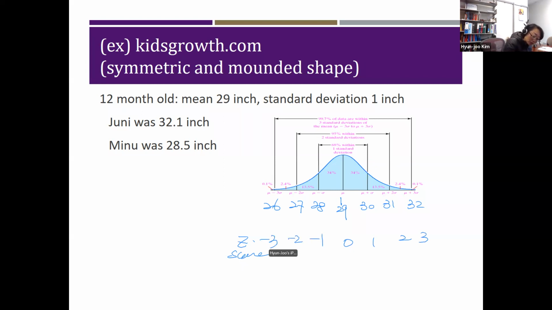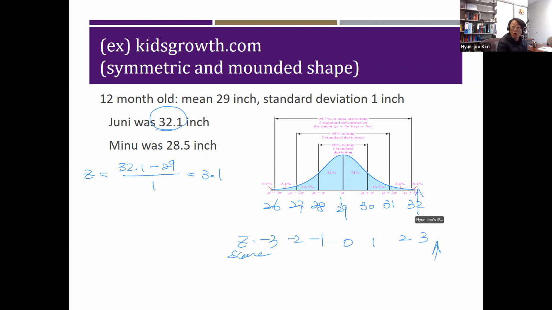And then for a particular point, for example 32.1, if you standardize it, your Z score will be 32.1 minus your mu, which is 29, divided by 1, which is 3.1, right? So once you know your Z score, you already know that this particular score, 32.1 inches, is right there.